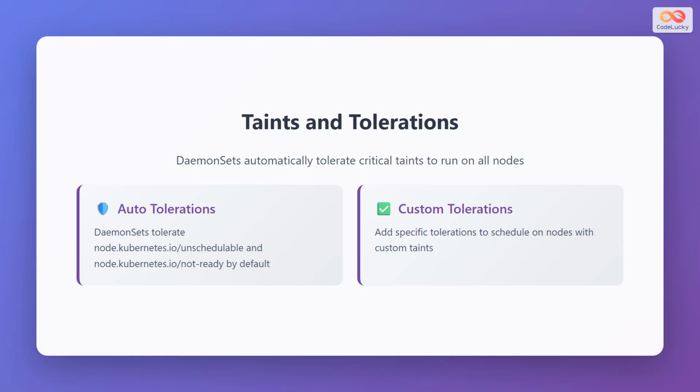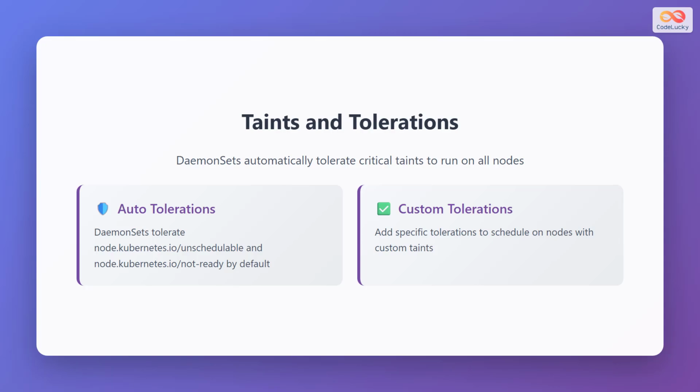Now let's talk about taints and tolerations. Taints are the opposite of node affinity. They repel pods from nodes unless the pods have matching tolerations. DaemonSets are special because they automatically tolerate certain critical taints. By default, DaemonSet pods tolerate node.kubernetes.io/unschedulable and node.kubernetes.io/notready taints.